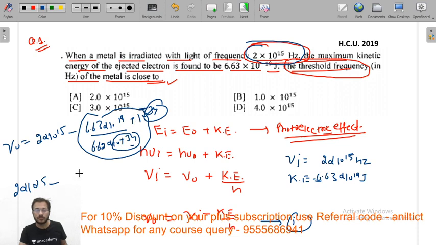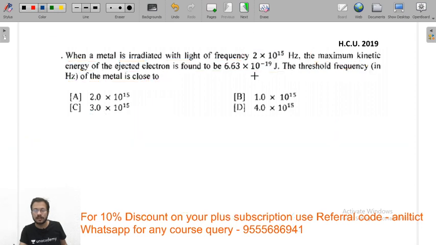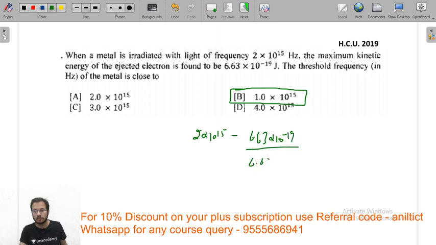So this comes out to be 6.63 into 10 to the power minus 19, sorry, this is minus 19. So this is 2 into 10 to the power 15 minus 6.63 into 10 to the power minus 19 divided by 6.63 into 10 to the power minus 34.